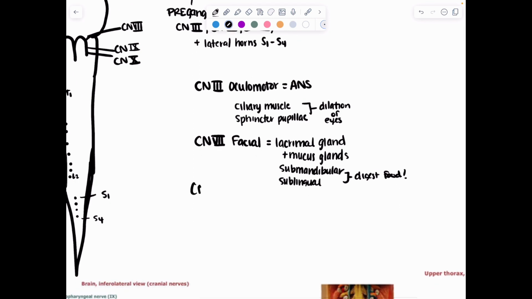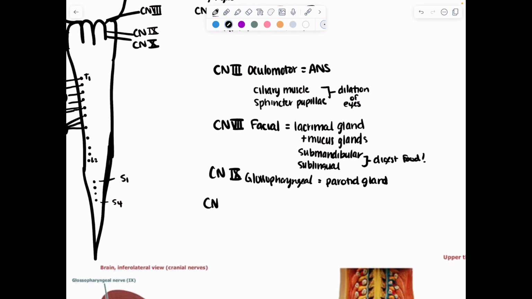And then cranial nerve 9, glossopharyngeal, is going to have the parotid gland, which again is also related to digestion, making saliva. And then cranial nerve 10, vagus, we talked about a little bit.